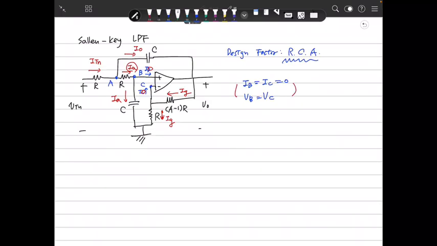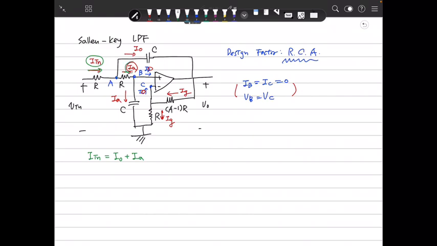So we can write I in is going into this node A, then we divide into IA and IO. So I in is IO plus IA. Then what is IA?